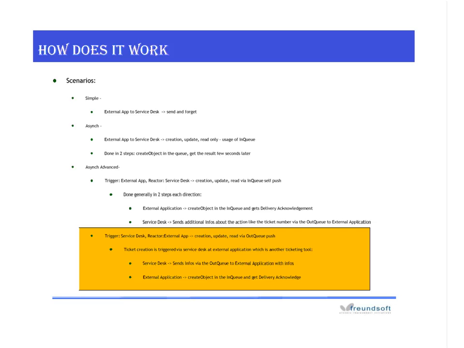So the external application is doing create object, or creating a line into the in queue. This is the placeholder to accept, to receive requests for creations in service desk. And then immediately the external application gets a delivery acknowledgement, meaning, okay, external application, thank you for the transaction.